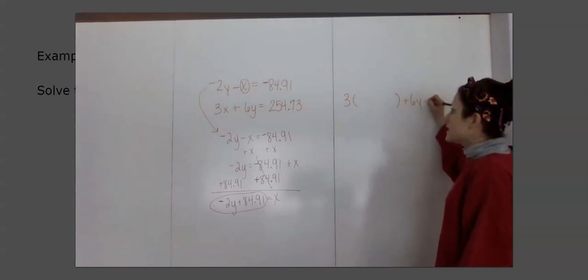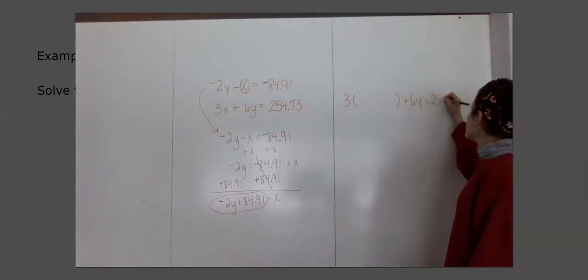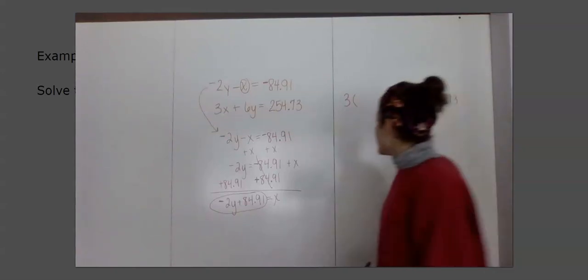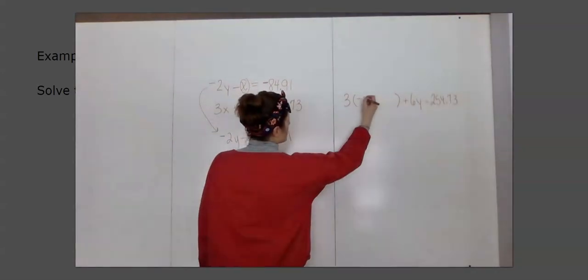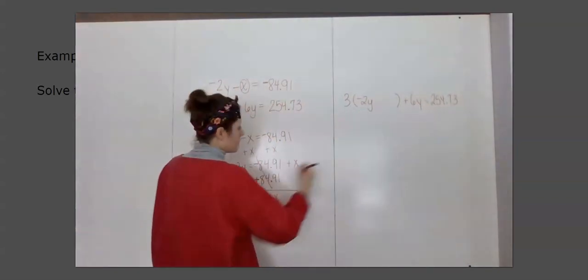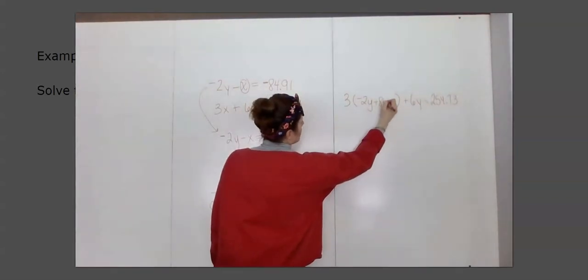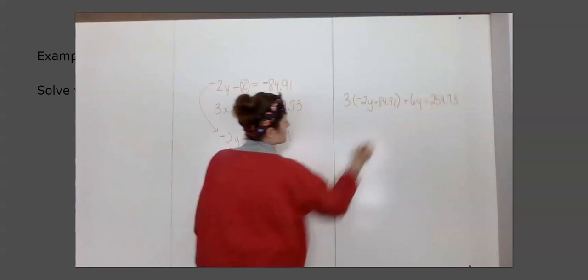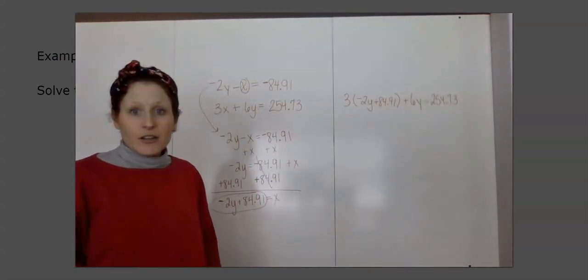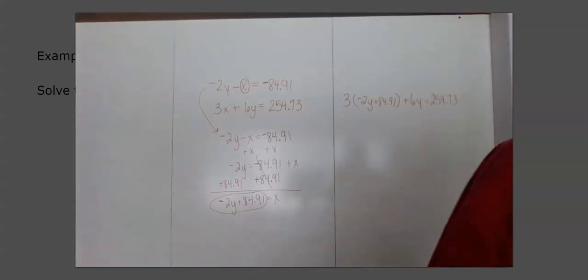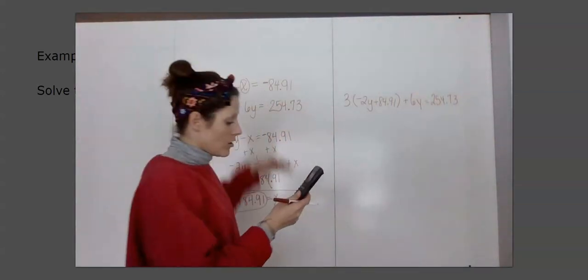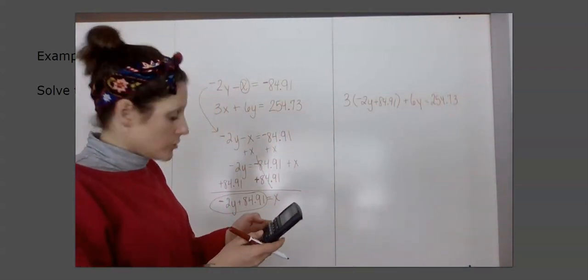Plus 6y is equal to 254.73. Okay, this was negative 2y plus 84.91. Okay, again, use your calculator. No need to spend all this time when this already takes this long to try to do it by hand.